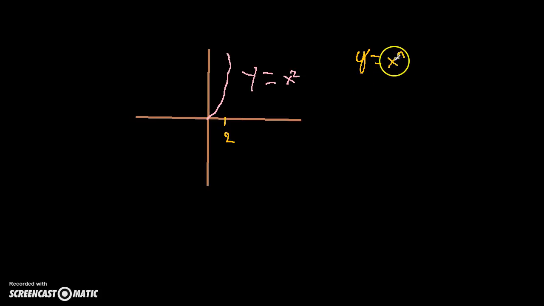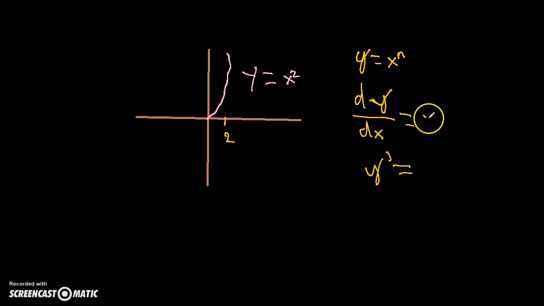To any number n, its derivative, which can either be written as dy over dx, and that's not really a fraction, it's just a term of notation, or just y prime, is just going to equal n times x to the n minus 1.